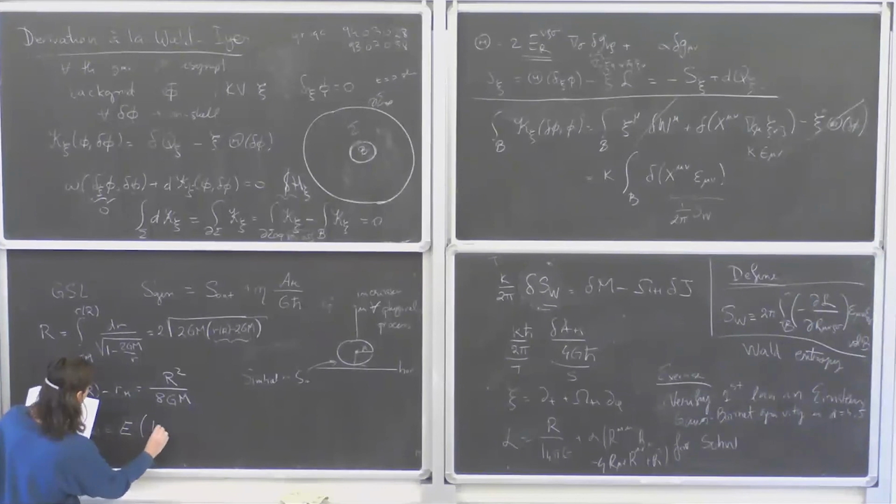So that's, okay, let me do it. 1 minus 2GM. Okay, sorry, r_H minus r squared. Sorry, let me do it like this: r squared over 8GM divided by r horizon, which is 2GM.